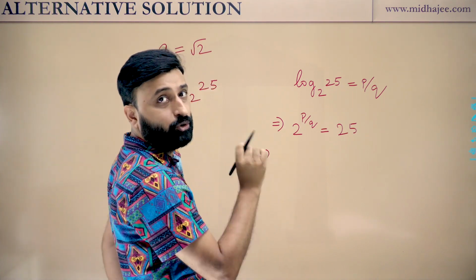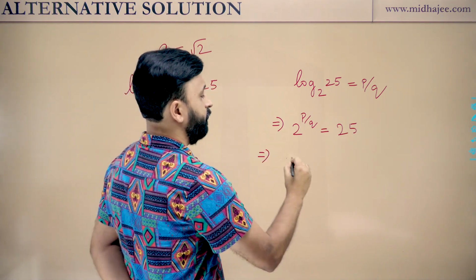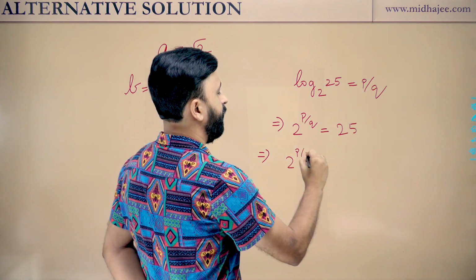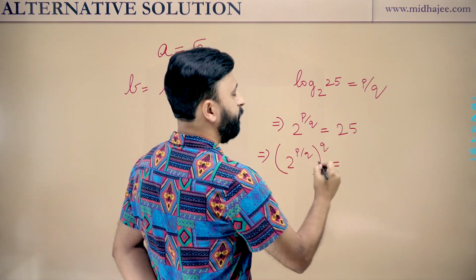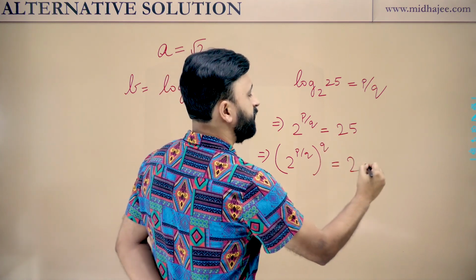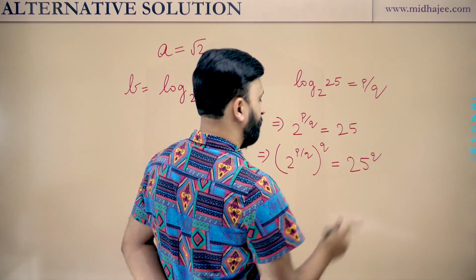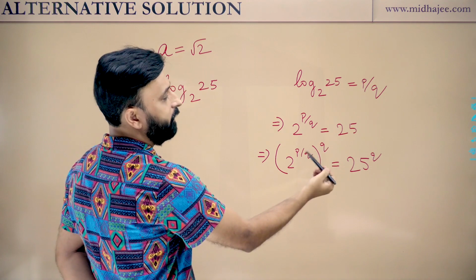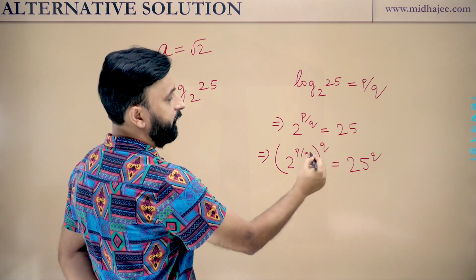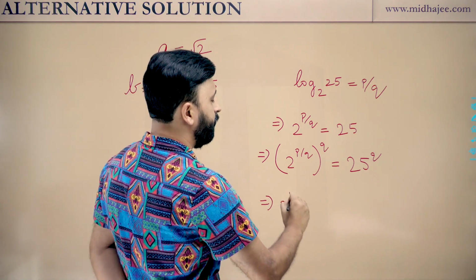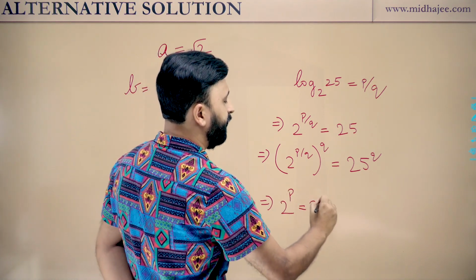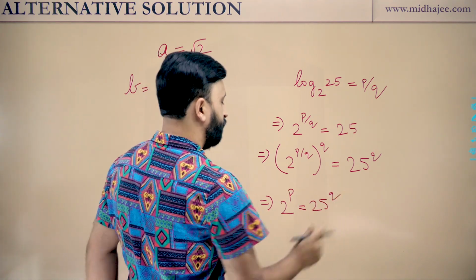Raising both sides to the power of q, we'll get 2 to the power p over q, to the power q, is equal to 25 to the power q. Now of course p over q will get multiplied with q and q will get cancelled out. So on the left hand side you will have 2 to the power p, on the right hand side you will have 25 to the power q.